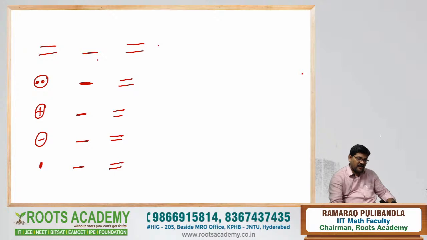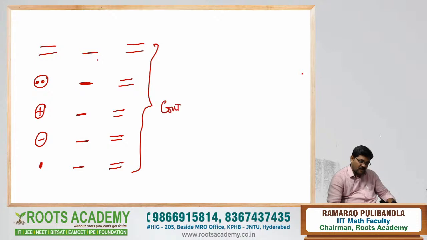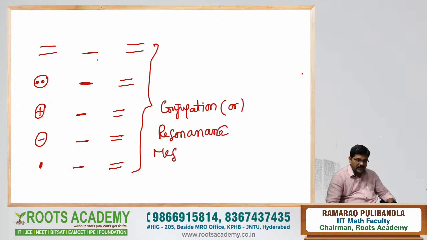So this is a phenomenon of the conjugation property. Conjugation is also called resonance. Resonance is also called mesomerism.